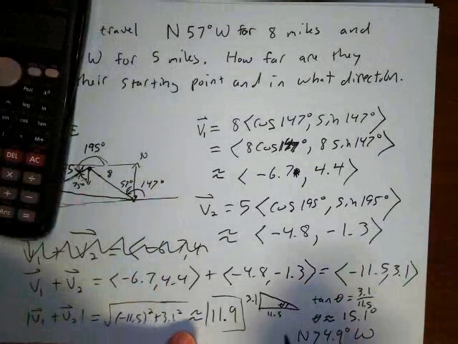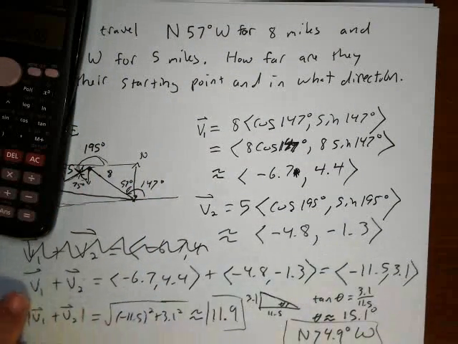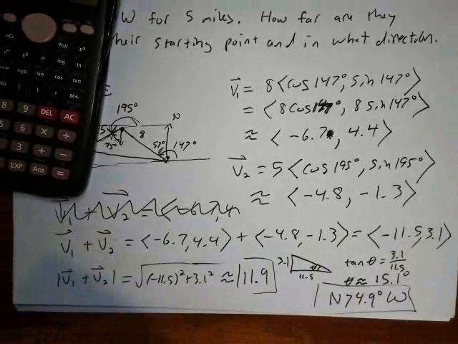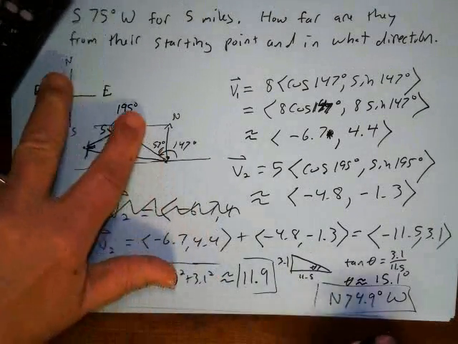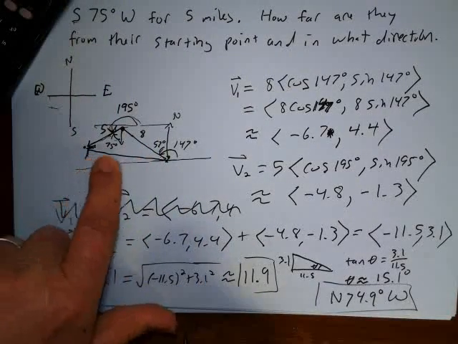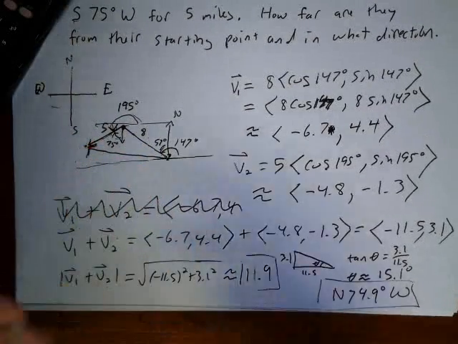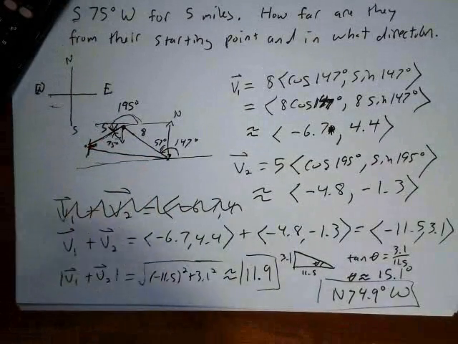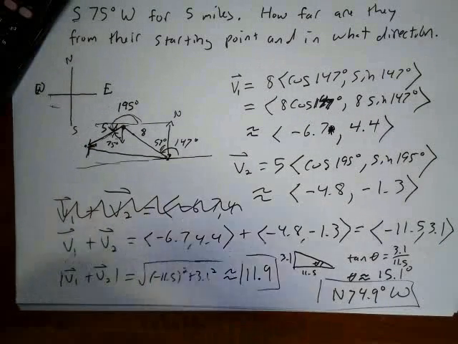So this would be the direction you are from your starting point. Though this would be if you were standing at the starting point and going there. I guess if you wanted to know going here, you could do it, but I'm not going to worry about that. You get the idea.